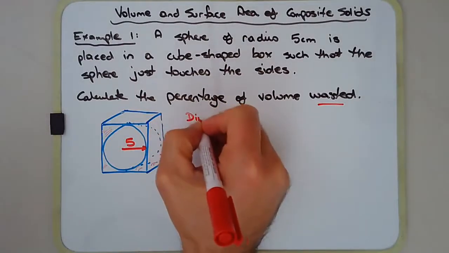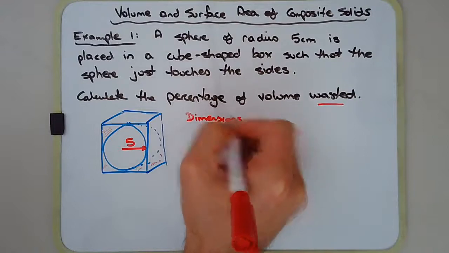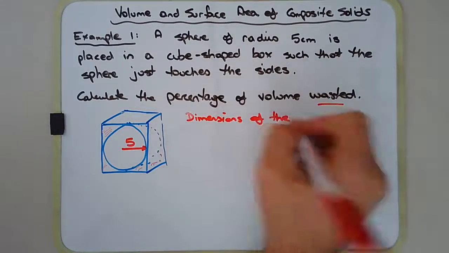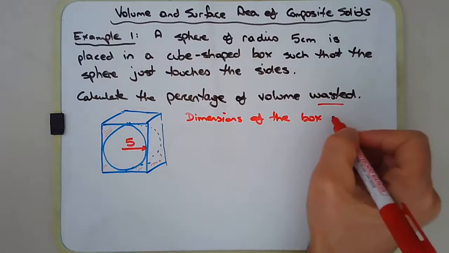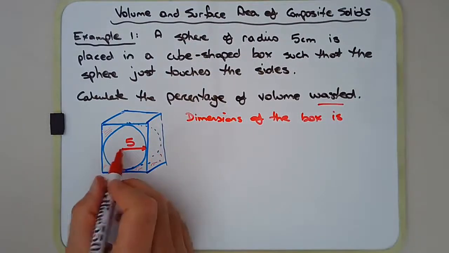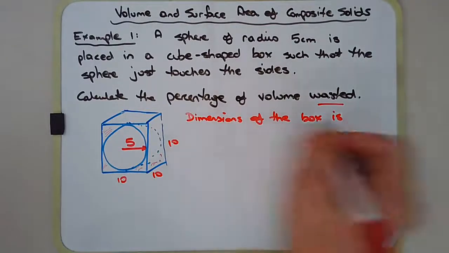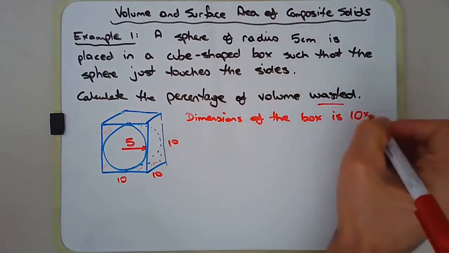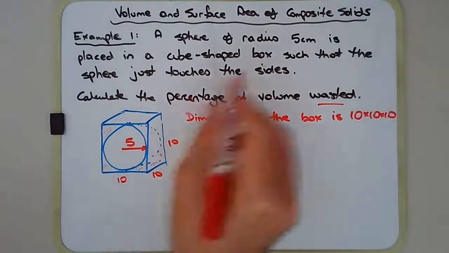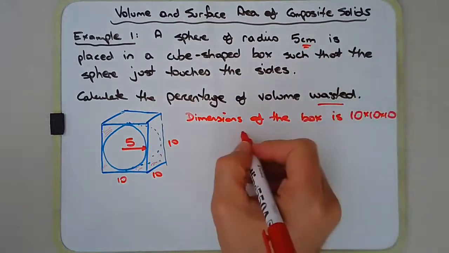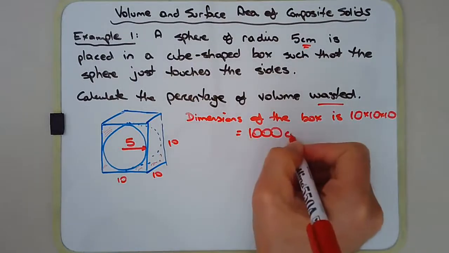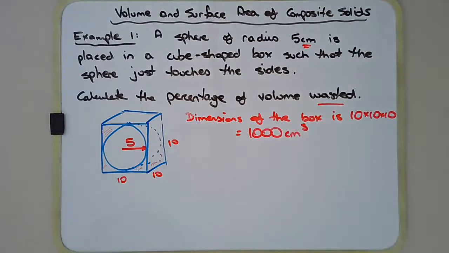The dimensions of the box, if that's 5, are going to be 10 by 10 by 10, all in centimeters, so that's going to be 1,000 cubic centimeters, exactly 1 litre or 1,000 milliliters, but we're not dealing with litres and milliliters.